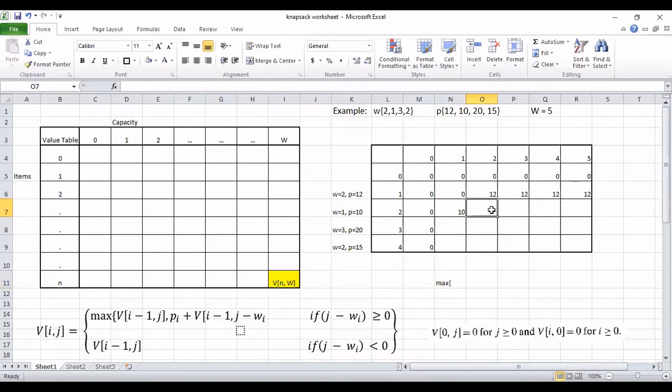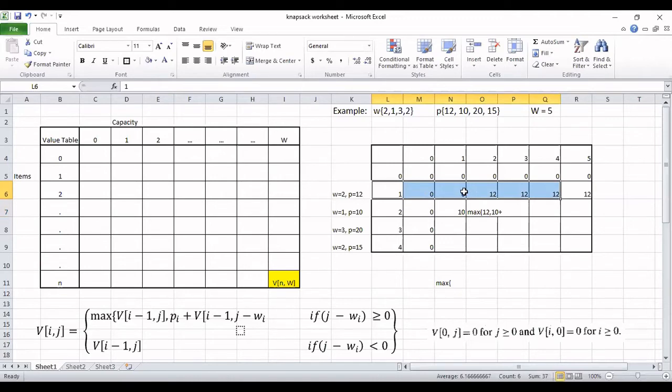V of 2 comma 2. In this case, in the equation J minus Wi, J is 2 and Wi is 1. So 2 minus 1 is greater than 0, therefore we go for maximization. It's the maximum of, without considering the second item, V of I minus 1, that is 12, and the current item's price 10 plus V of I minus 1, J minus Wi, where J is 2 and Wi is 1.